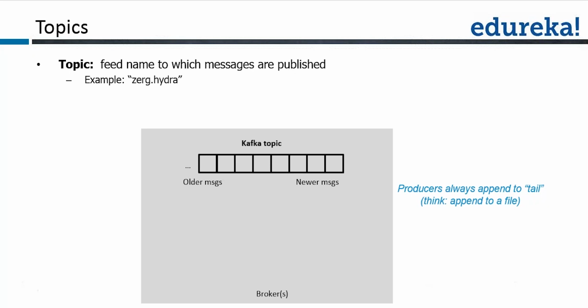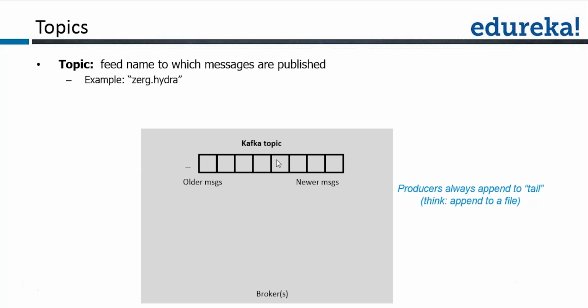Whereas your other logs you want to push to HDFS, there you can write a different consumer which can take data only from your logs topic, and push to HDFS. So this is the way you can categorize your messages in Kafka.